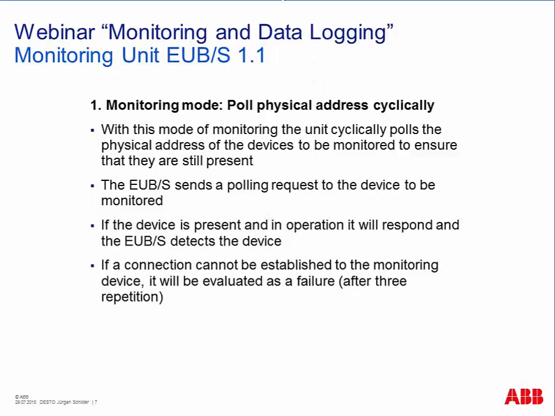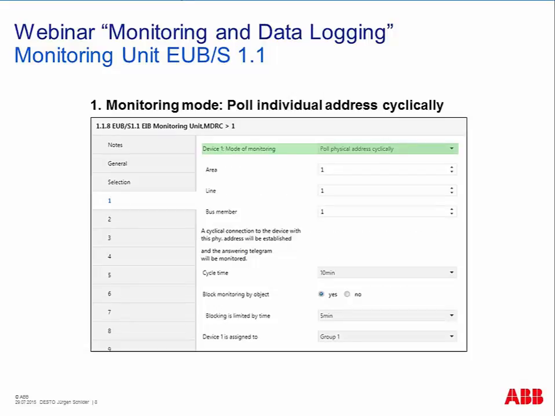Let's have a look at the next slide, where you can see how easy it is to adjust this in the parameters. First of all, you can do this for each device individually. You can say, okay, device number 1, for example, shall be monitored via polling of the physical address cyclically. So you do nothing else but write into the parameters the physical address: area, line, and bus number.